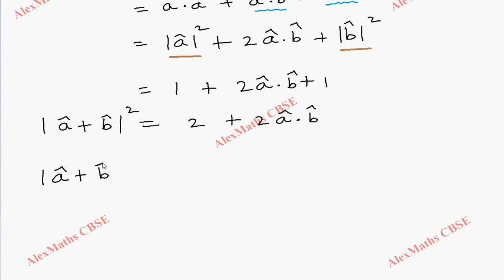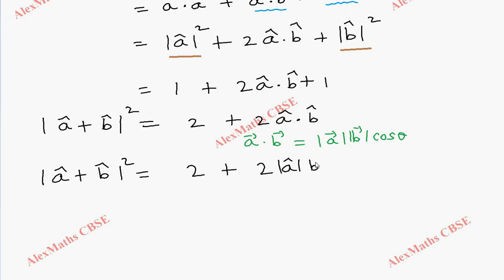A cap plus b cap magnitude whole square is equal to 2 plus 2, and we have a formula whenever we have a vector dot b vector, that can be written as magnitude a vector, magnitude b vector into cos theta. So if we apply this formula here, this is magnitude of a cap, then magnitude of b cap, into cos theta. As already we know, magnitude of a cap and magnitude of b cap is 1. So substituting that, we get finally 2 plus 2 into 1 into 1 into cos theta.